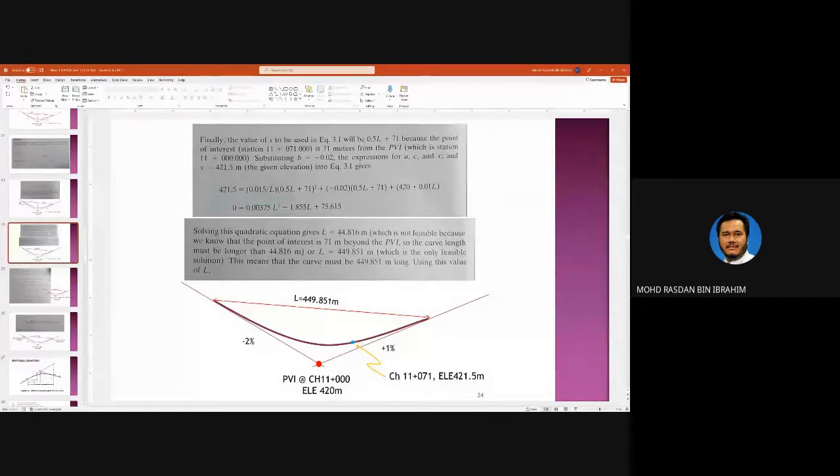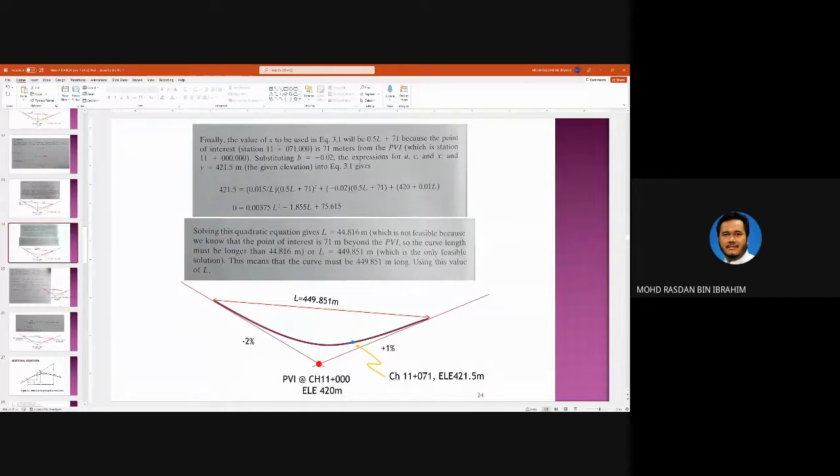Finally, the value of X to be used in equation 3.1 will be 0.5L plus 71 because the point of interest is 71 meters from PVI. You are already told that the roadway will cross at chainage 11 plus 71, and this is chainage 11, kilometer 11.